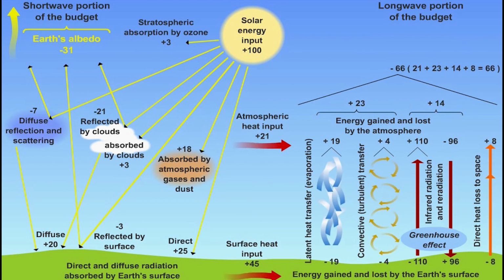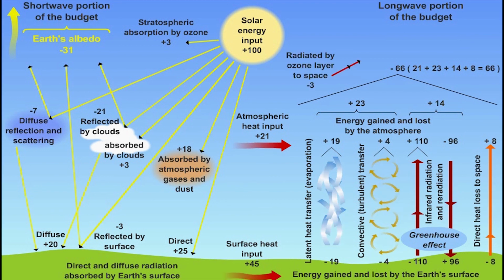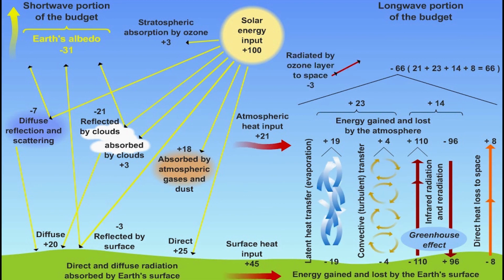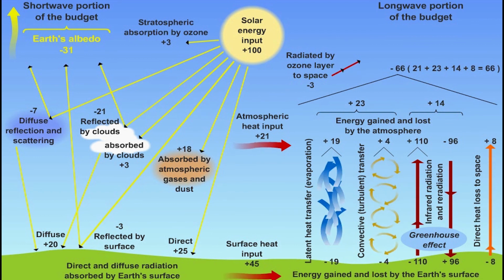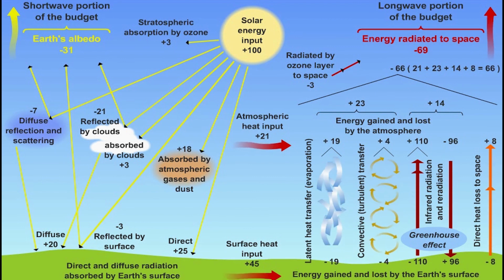31% is lost even before it reaches the Earth's surface. So 66 plus 31 is 97. So we've missed 3% somewhere. And that 3% is the 3% that is absorbed by the ozone layer that is then just re-radiated directly back out to space. So the net effect in the ozone layer is 0, which is why it doesn't continually increase in temperature.